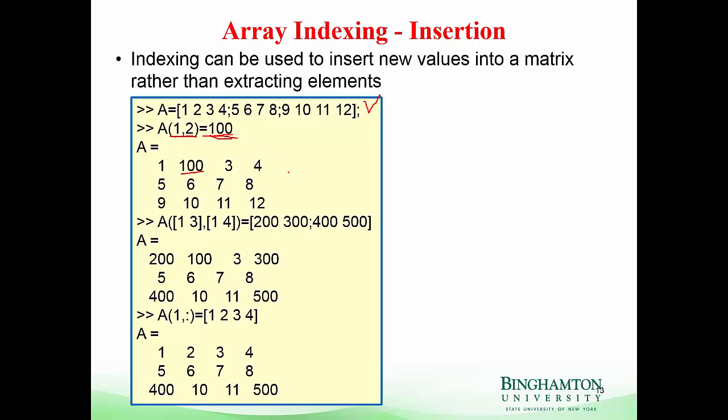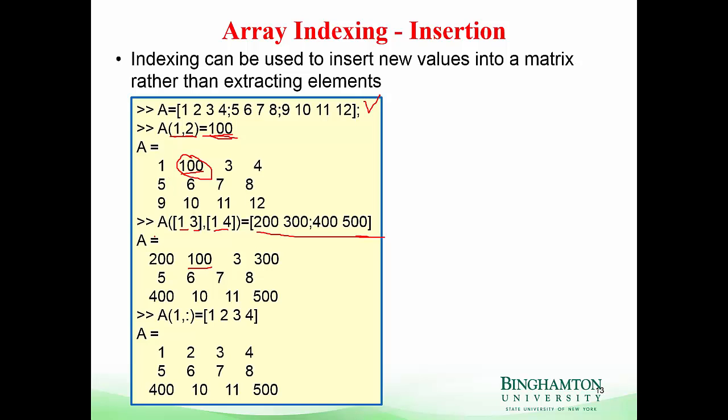But if I do want to stuff an array in, here I've got a 2 by 2 matrix that I want to stick in someplace, and where do I want to put it? I want to put it in rows 1 and 3 and columns 1 and 4. I've already reassigned the 100 here, so that's going to stay.